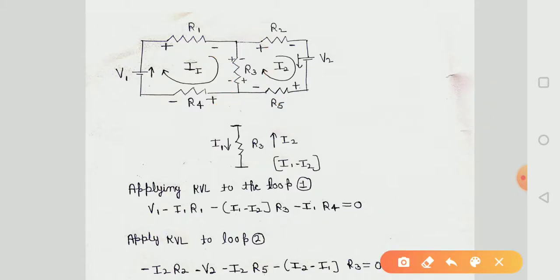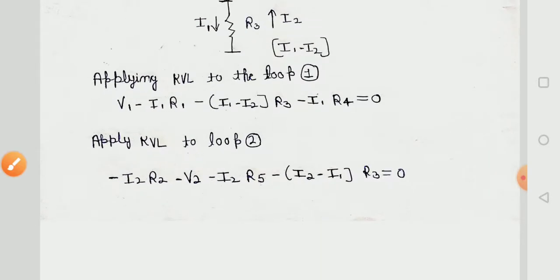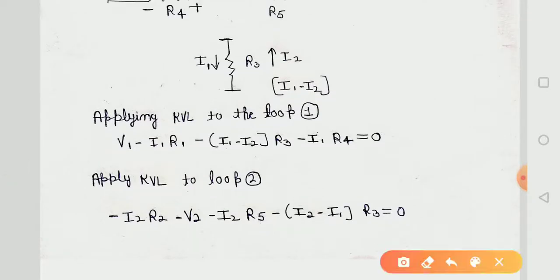Same as for the second loop, the equation becomes minus I2 into R2 minus V2 and minus I2 into R5 minus (I2 minus I1) into R3.